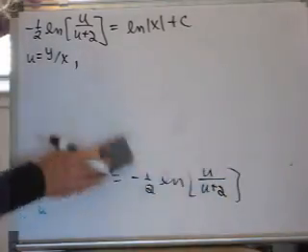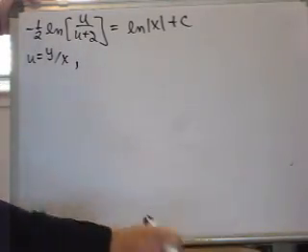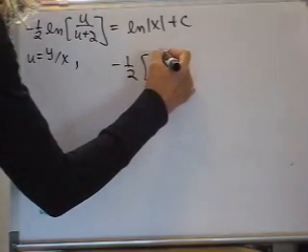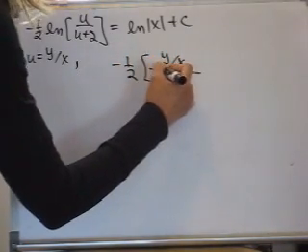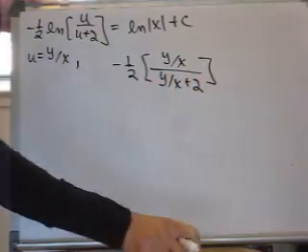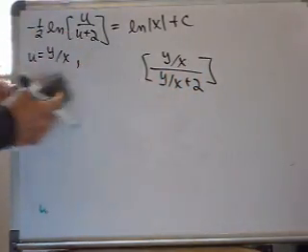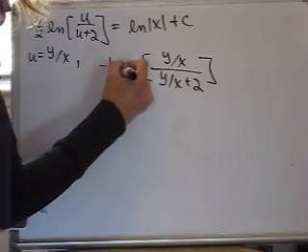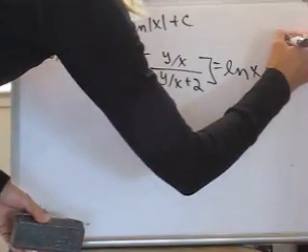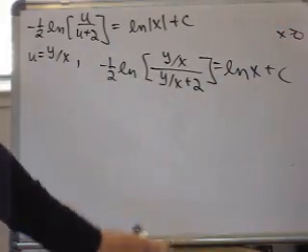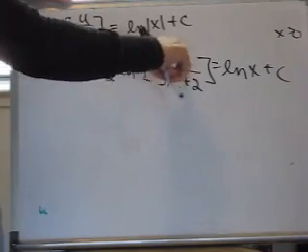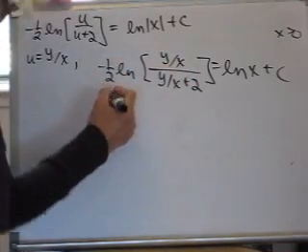So I actually end up with -1/2 natural log of y over x over y over x plus 2 is equal to ln of x plus c. I'm going to assume that x is greater than 0, so I don't have to fuss with those absolute value signs. I'm going to multiply the top and bottom of this fraction by x just to simplify things.